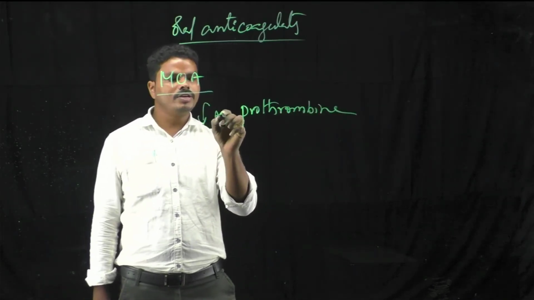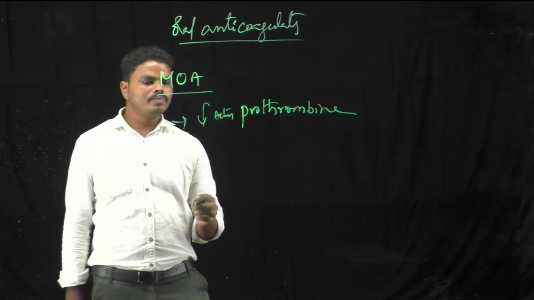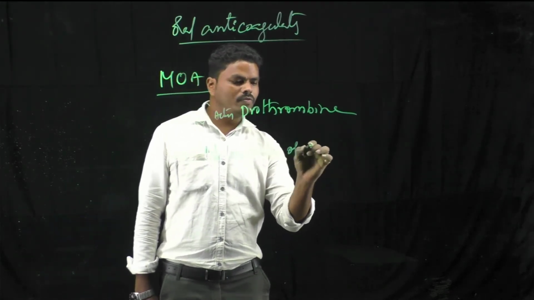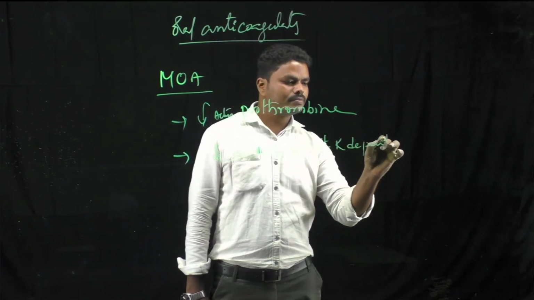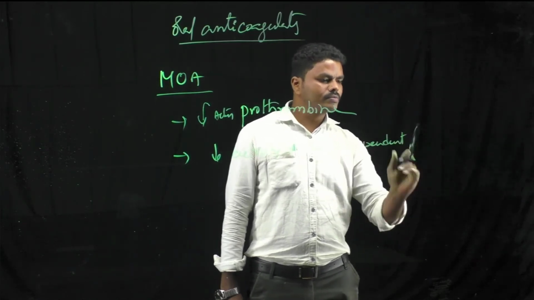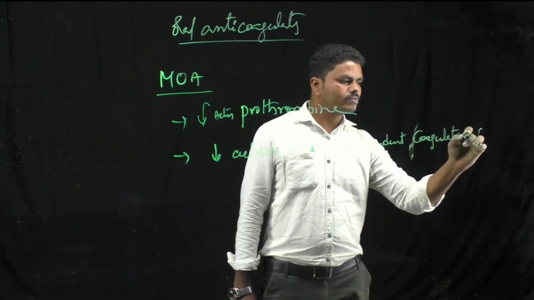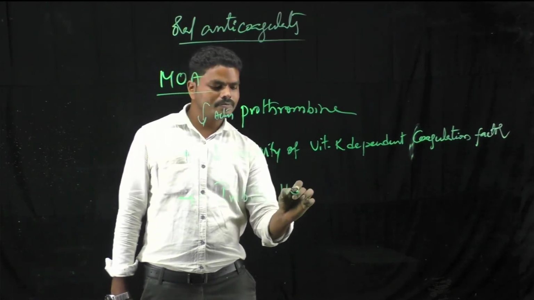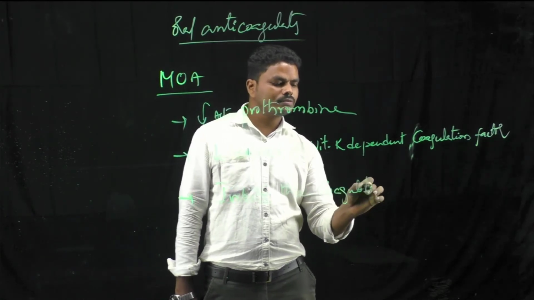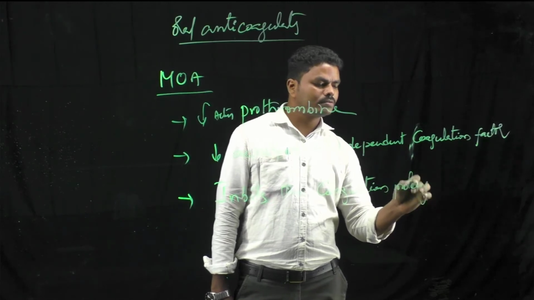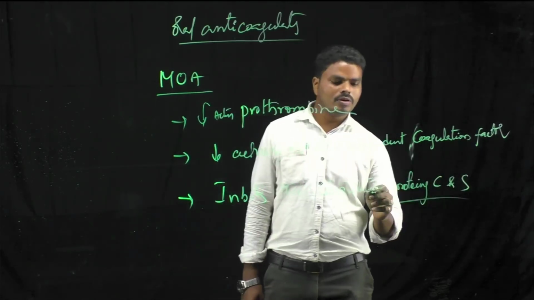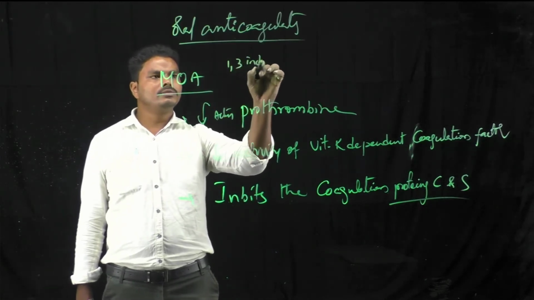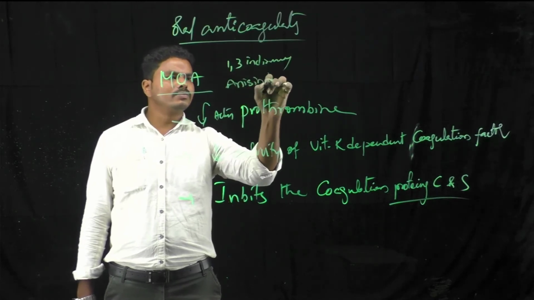It also decreases the activity of vitamin K dependent coagulating factors, and also inhibits the coagulation proteins C and S. So this is about the mechanism of action in the case of 1,3 indandione, that is anisindione.